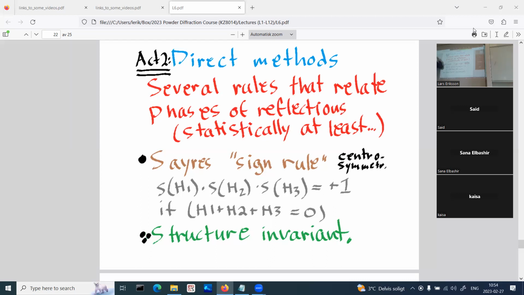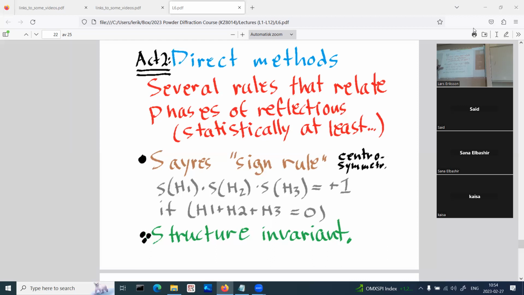The sign rule, we call it the sign rule for centrosymmetric structures, or the Cochran rule for non-centrosymmetric structures, which says that the sign, the plus or minus of a reflection HKL, times the sign of another reflection times the sign of a third reflection should be 1, with the condition that the sum of these three HKLs comes up to 0, because then this triplet is something called the structure invariant, and we can speak about triplet relations.